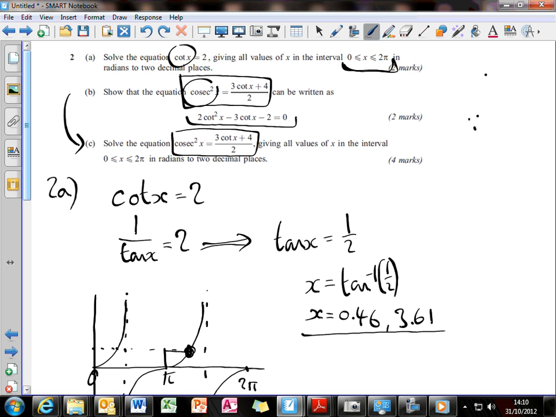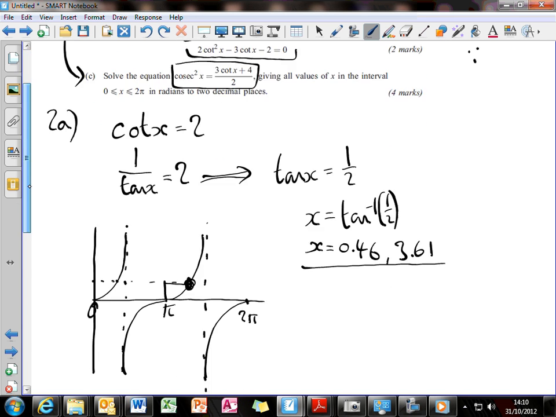So the reason for this second part of the question, part B, is to get that equation all in terms of one function, in terms of cotangent. So it requires an identity.